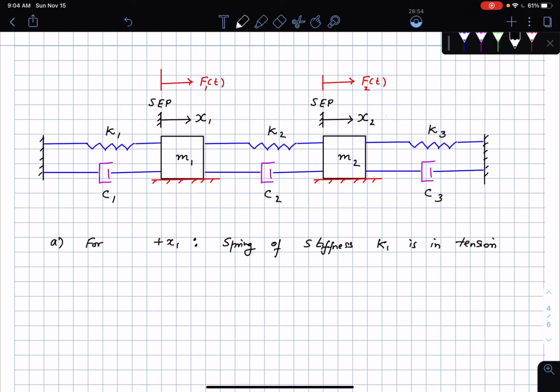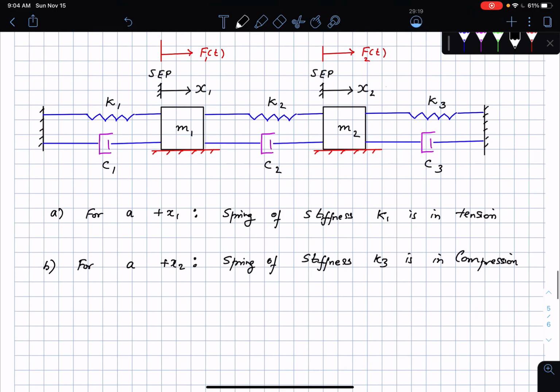For a positive x2, the spring of stiffness K3 is in compression. That's something that you can see. And lastly, for a positive x2 minus x1, the spring of stiffness K2 will be in tension.